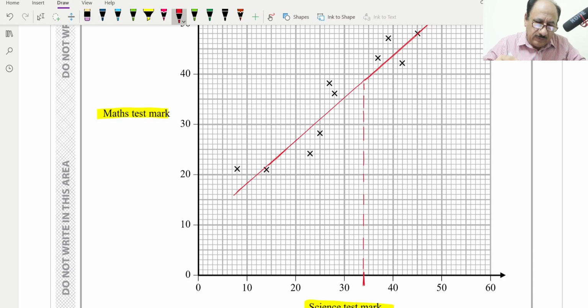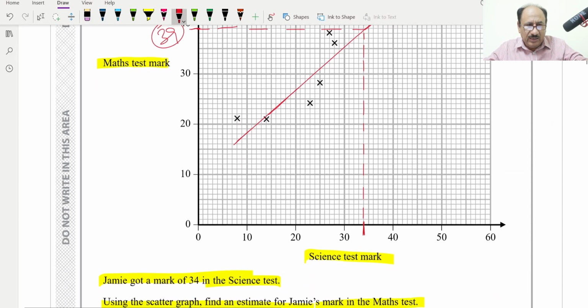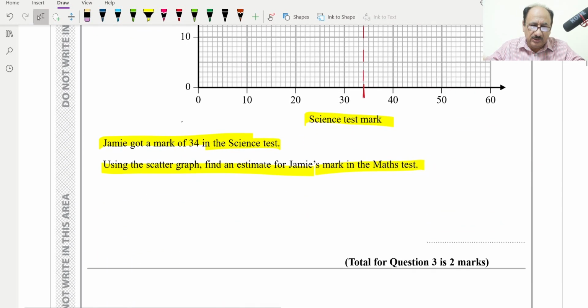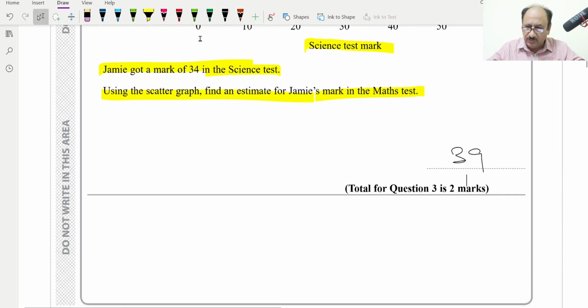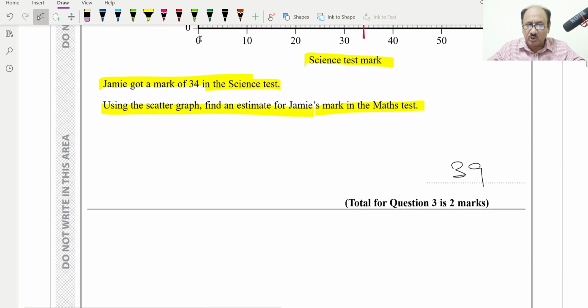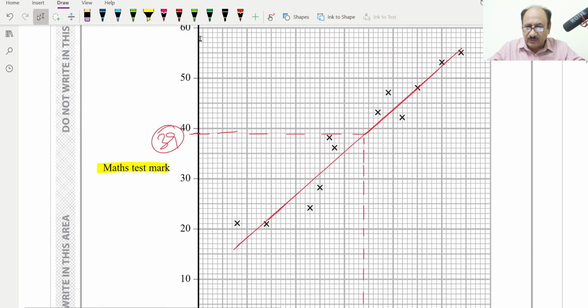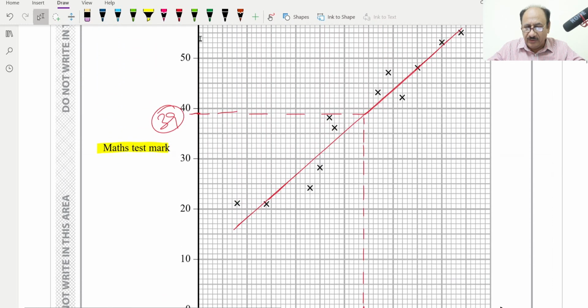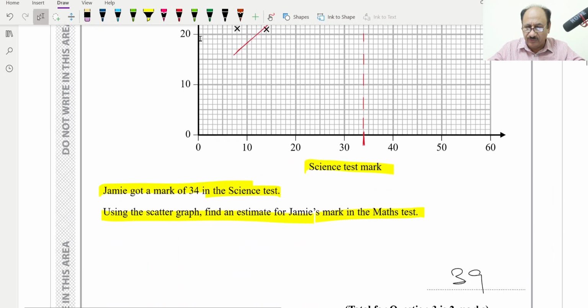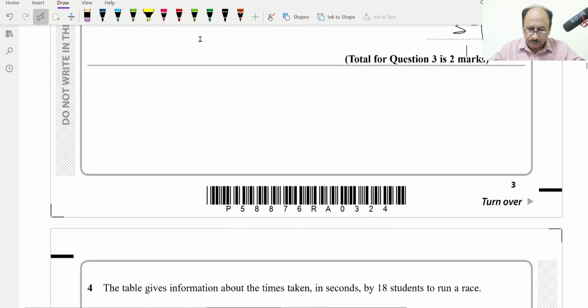So this value on this side is 39. So the maths test mark will be 39, which we can provide over here at the proper location. This is a 2-mark question. You will have to show on this graph one line of best fit, and you will have to show the reference for the marks also.